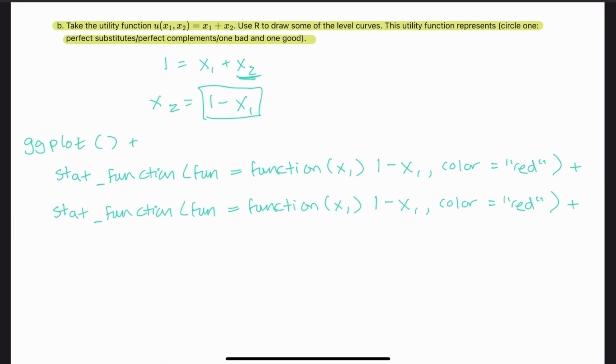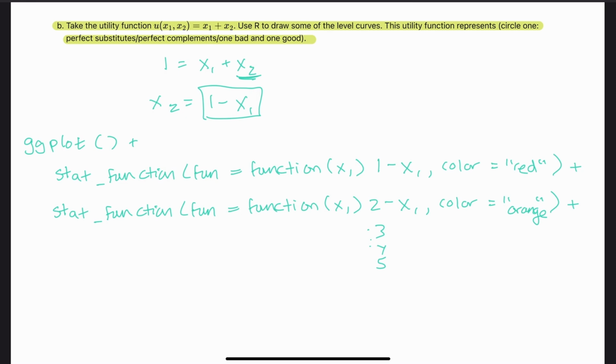I can draw the level curve for utility of 2, make it a different color, orange, and onward. You just replace it with 3, 4, 5, whatever you want. So that's how to draw some level curves for this utility function.